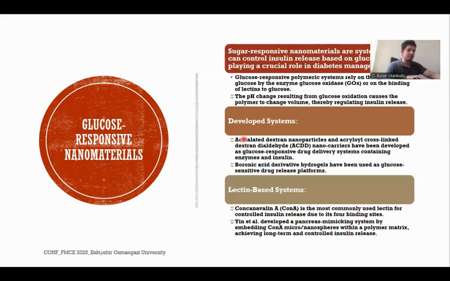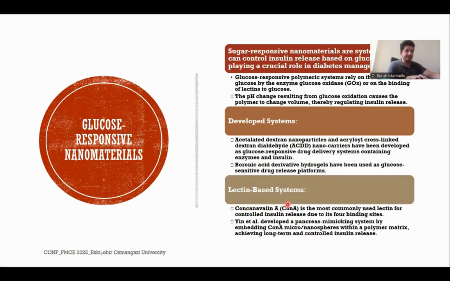Acetylated dextran nanoparticles and ASDD nanocarriers have been developed to deliver insulin in response to glucose, incorporating both enzymes and therapeutic agents. Boronic acid derivative hydrogels have also shown promise as glucose-sensitive drug release platforms.